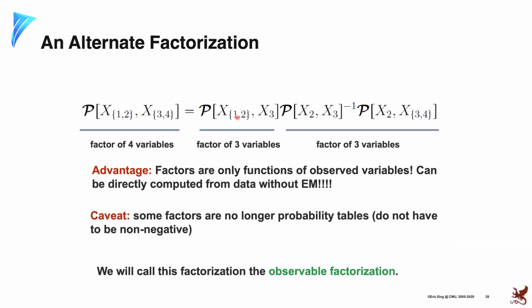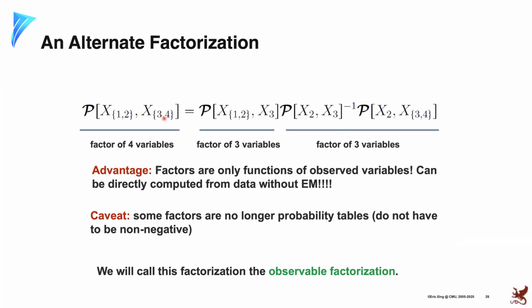For example, to compute these matrices, all we need to do is count how many times a special assignment occurs in the data set. But the caveat is that some factors are no longer probability tables. For example, this inverse one: p(x2, x3) is a probabilistic matrix, but once we take the inverse, it can sometimes become negative. We will later talk about how to deal with this.